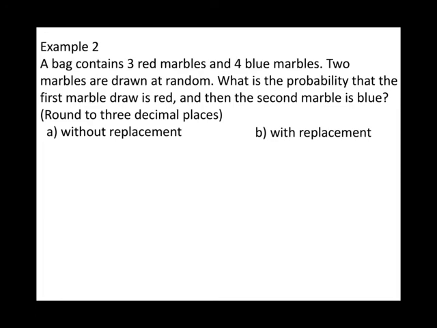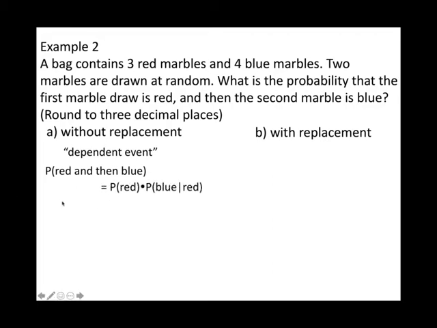So first, think about it: is it a dependent event or an independent event? This is a dependent event because the second marble being blue is based on one red marble having been picked already. So we're going to apply the formula. First, we figure out the probability of the red marble. In total, we have 7 marbles and 3 of them are red.